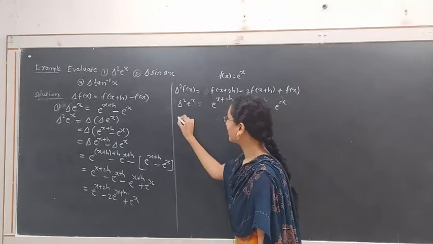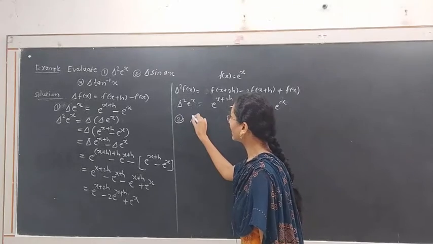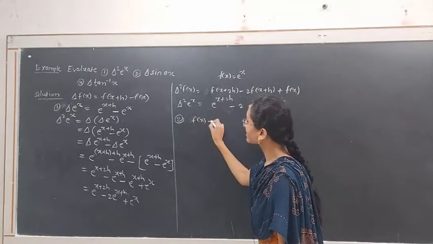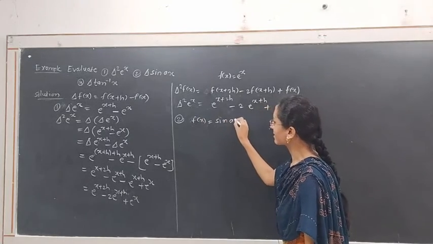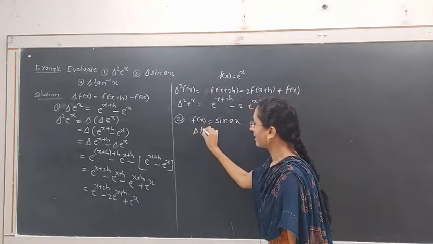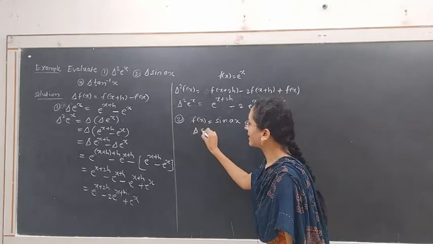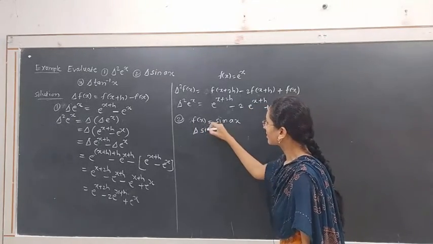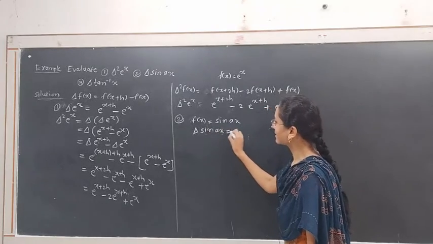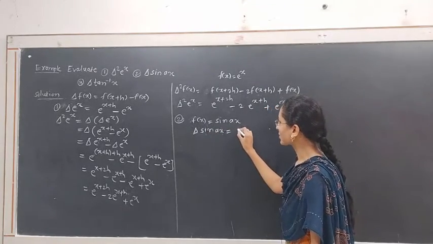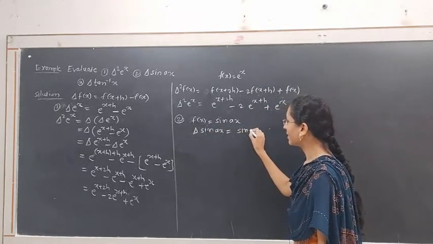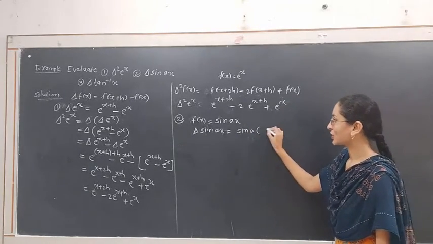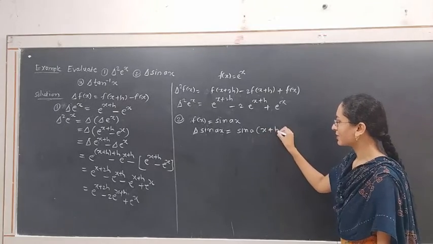Now we go to the next example. Second, we want to find del sine of ax. In this case, the function f of x is sine ax. Hence, del f of x, that means del sine ax, is equal to f of x plus h minus f of x, replace x by x plus h.